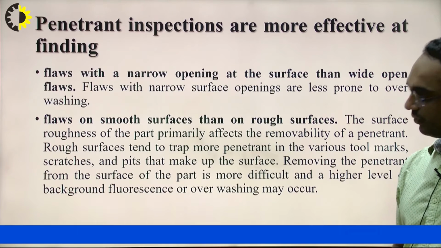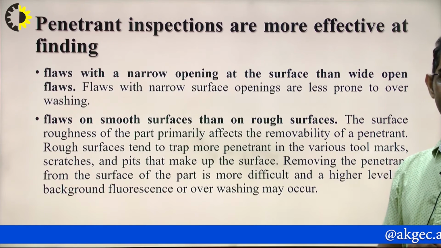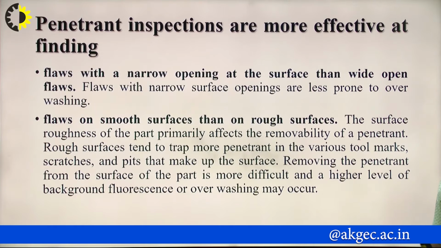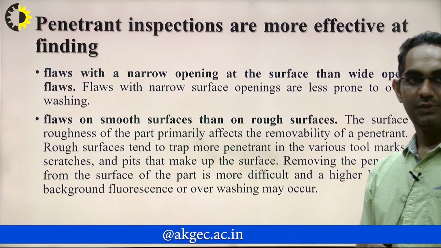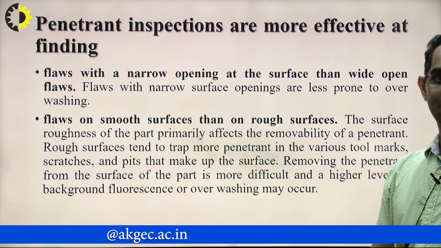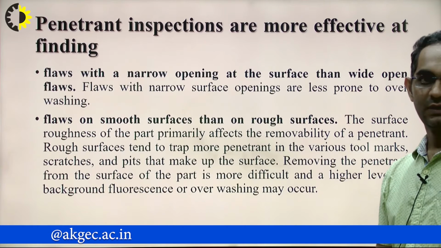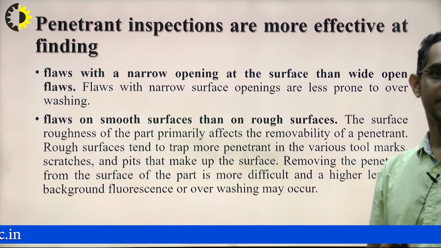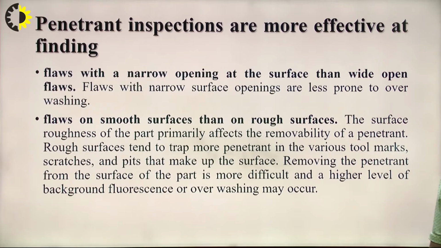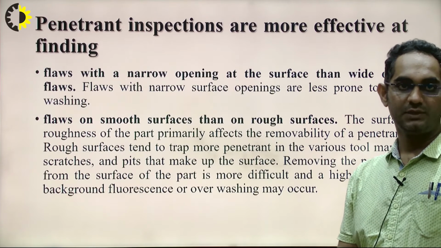Then flaws on smooth surfaces compared to rough surfaces. The surface roughness of the part primarily affects the removability of a penetrant. Rough surfaces tend to trap more penetrant in the various tool marks, scratches and pits that make up the surface.